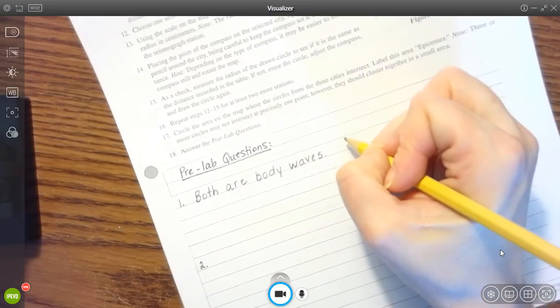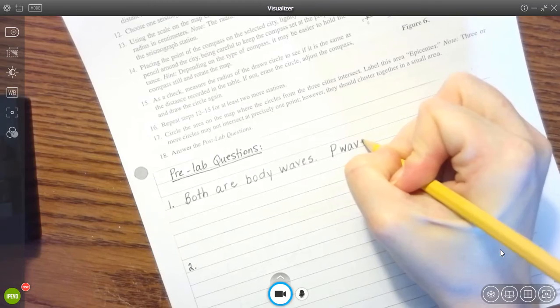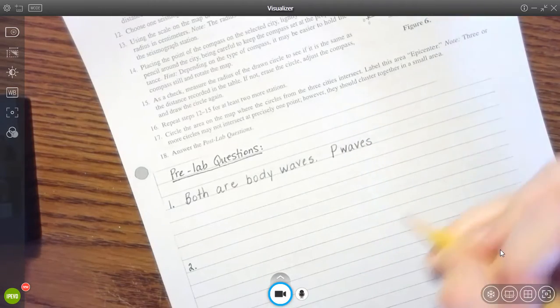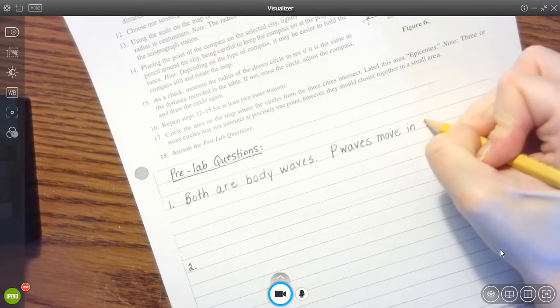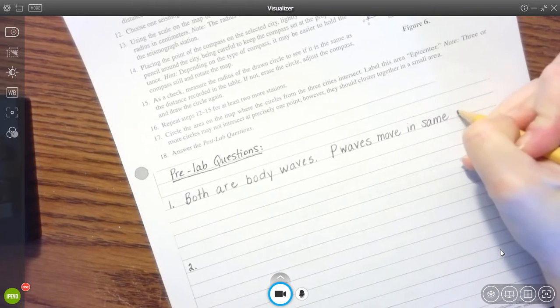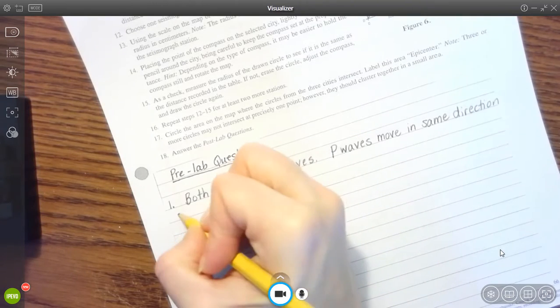Some things that make them different, however, are P waves move in the same direction as the rocks move.